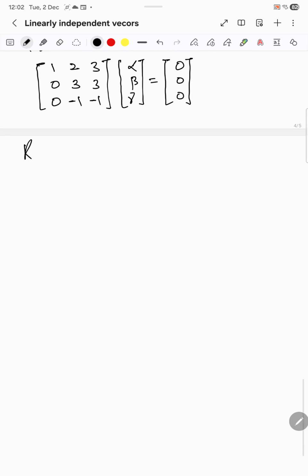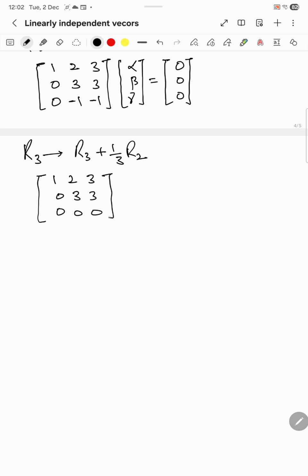So here if we apply R3 to R3 plus 1 by 3 R2, you can see that this is 1, 2, 3, 0, 3, 3, and the last row will become completely 0.